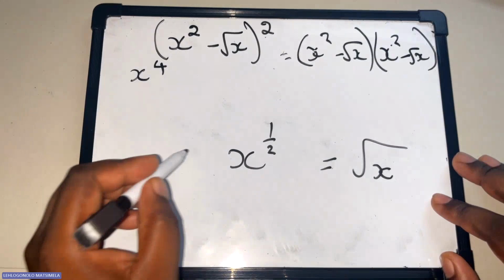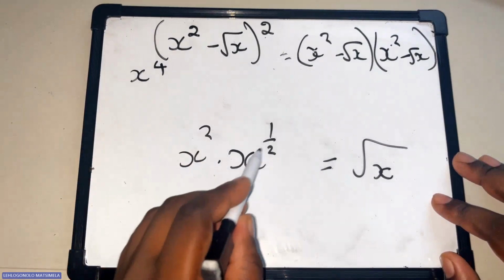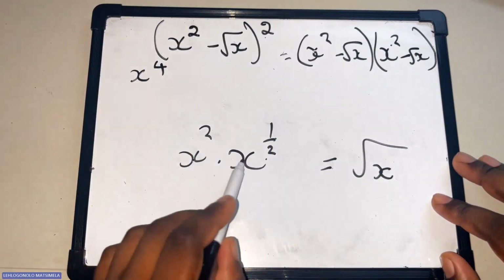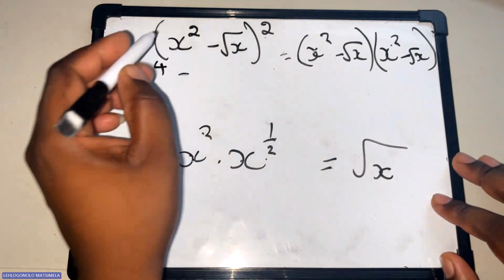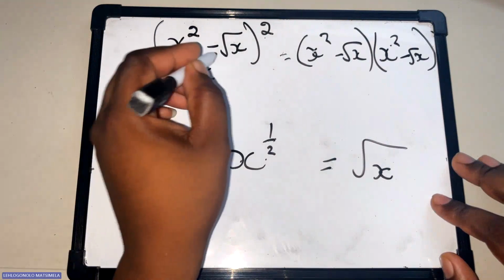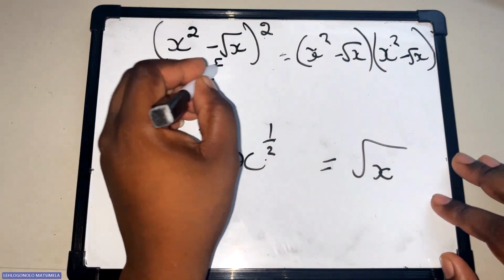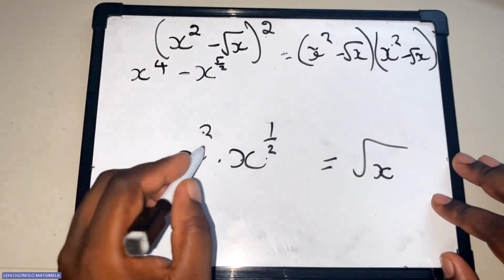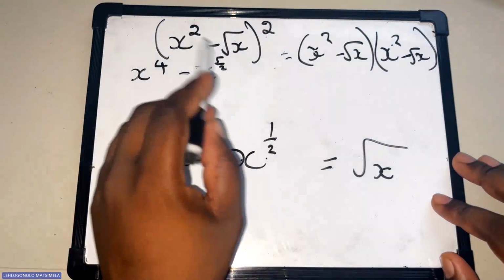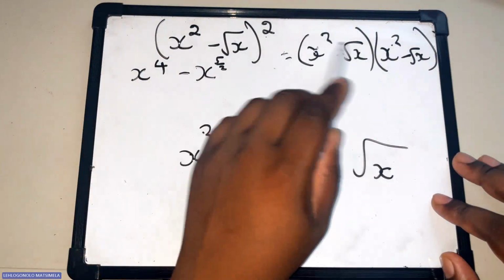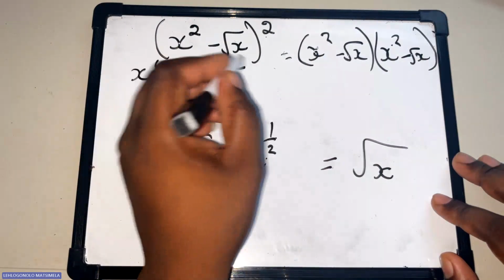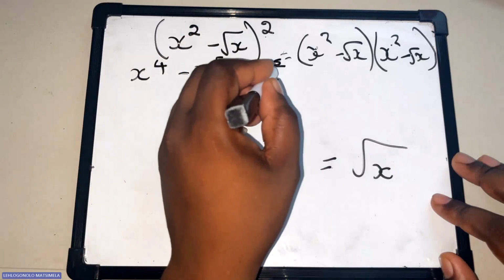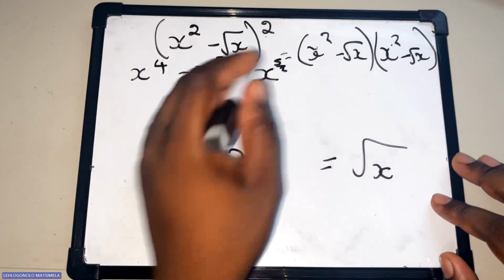So x to the power of 2 multiplied by x to the power of 1 over 2 gives us negative x to the power of 5 over 2. Then again this one multiplied by this one is still the same thing, negative x to the power of 5 over 2.